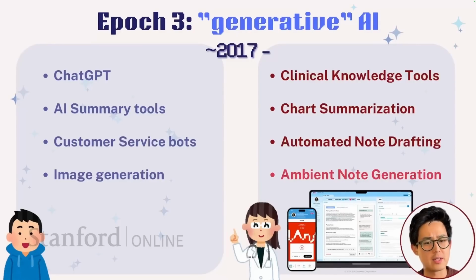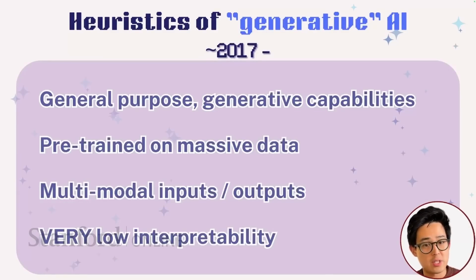Now, when it comes to recognizing this type of AI, the heuristics for Epoch 3 are, first, these models are general purpose. They are not built for one particular task. And as the name suggests, they have generative capabilities, meaning that they can create new content, whether that's text, images, or even video. They're also pre-trained on enormous data sets, far larger than what we would typically see in the traditional deep learning models.